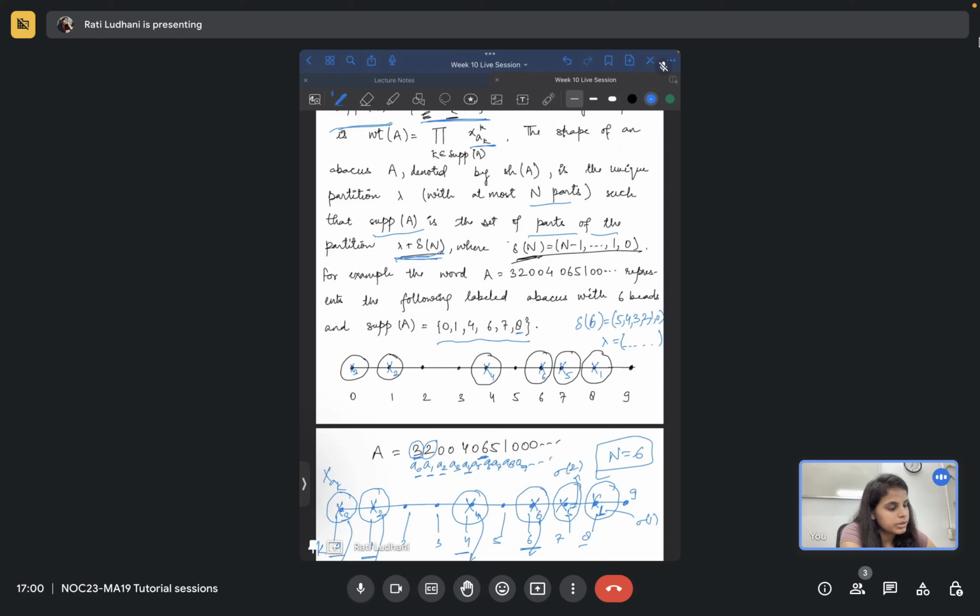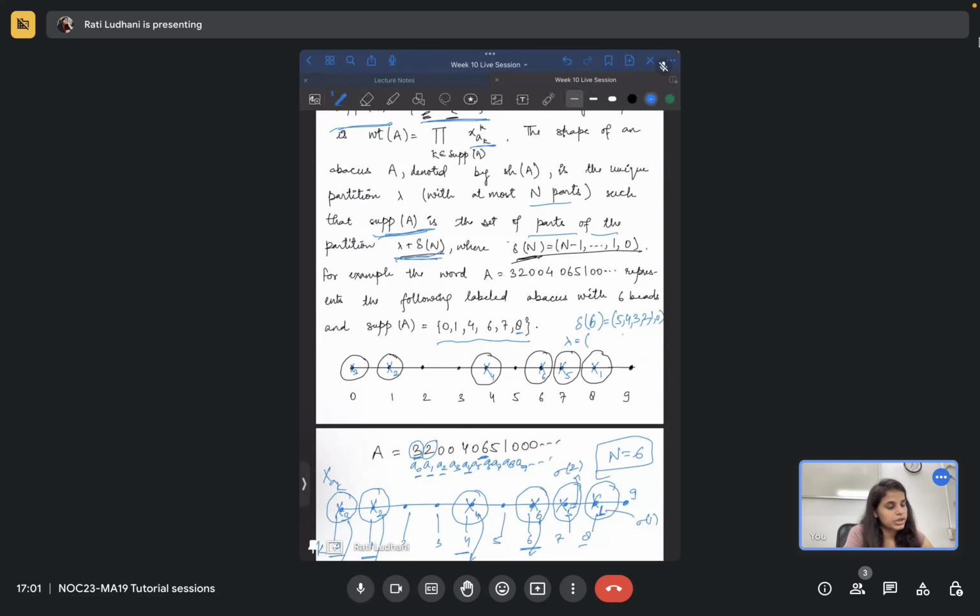So you start with 8. 8 minus 5 will be 3. 7 minus 4 will be 3. 6 minus 3 will be 3. 4 minus 2 will be 2. 1 minus 1 will be 0, and 0 minus 0 is 0. So in the support you subtract delta n, because the support is lambda plus delta n, so you need to remove delta n.